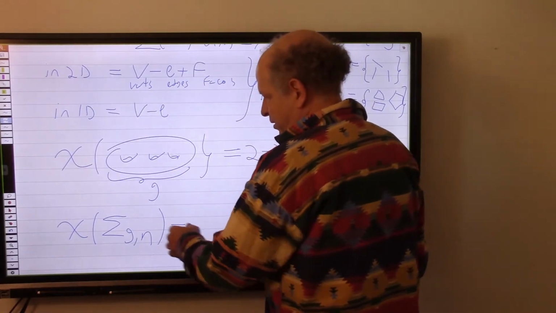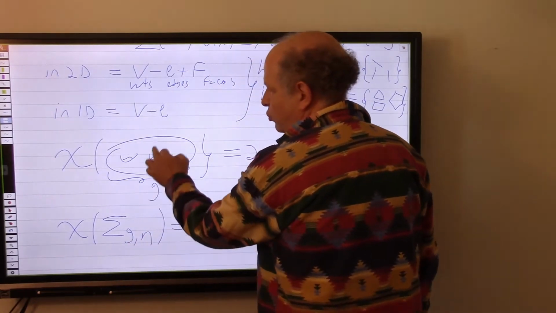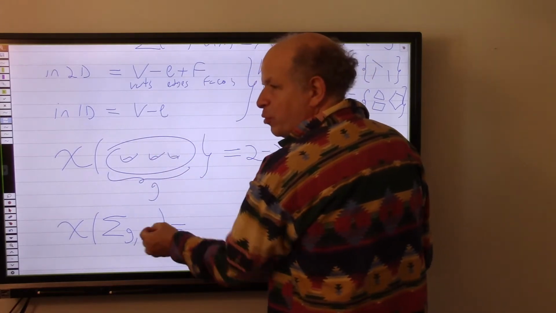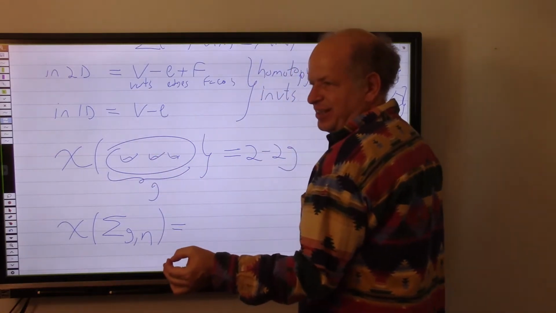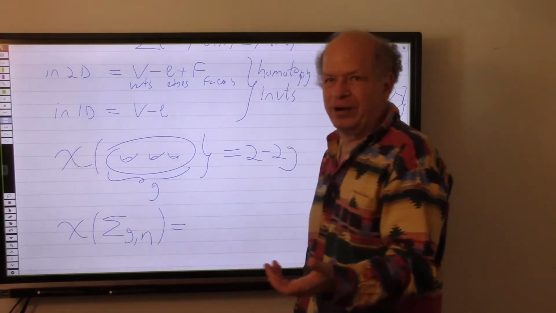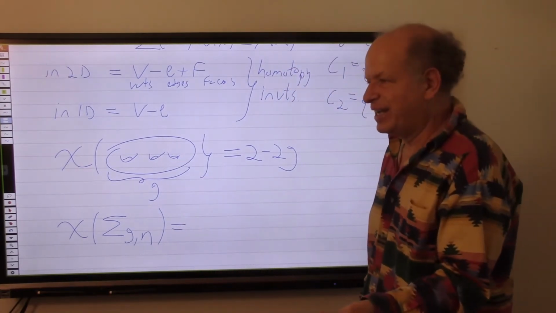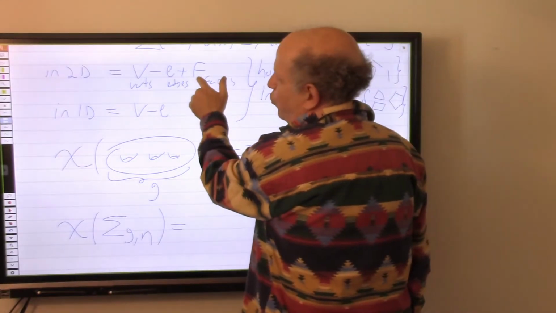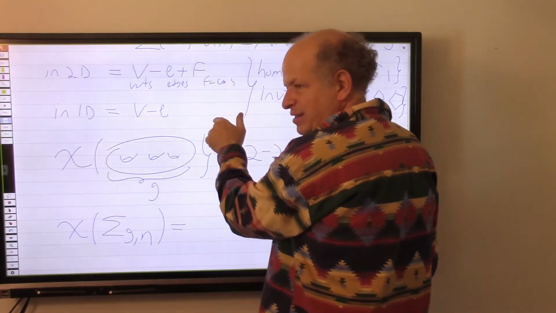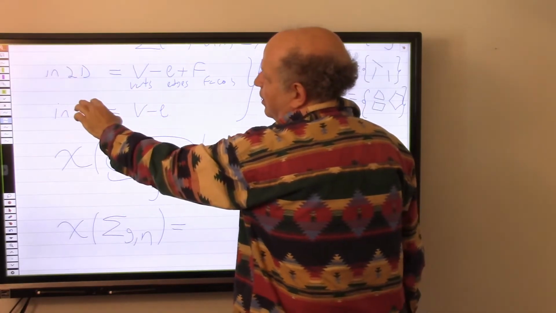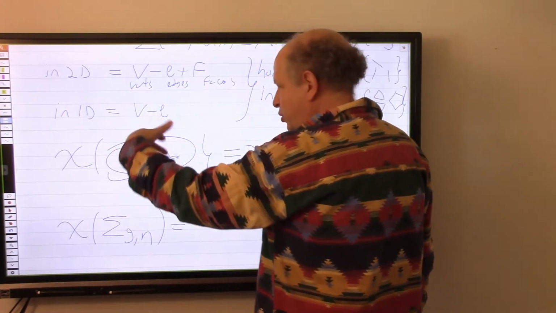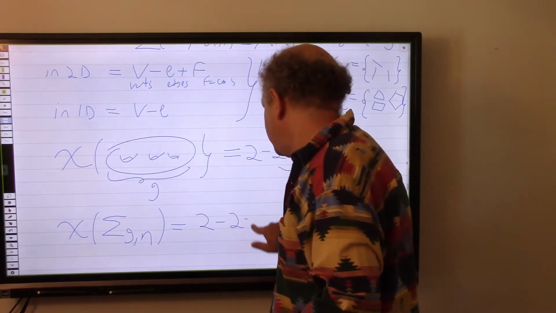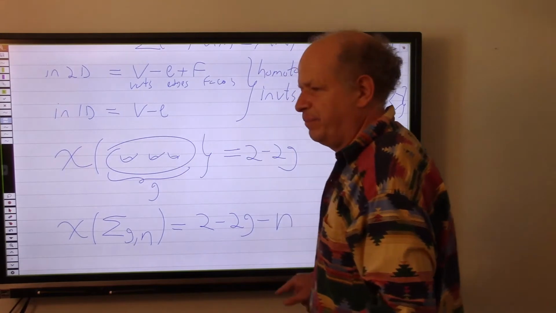To get sigma g,n out of a surface of genus g, all you do is you remove n faces. You make n pieces of boundary, so you remove n faces. If you remove n faces, then F reduces by n, and so the Euler characteristic decreases by n. So this will be 2 minus 2g minus n.